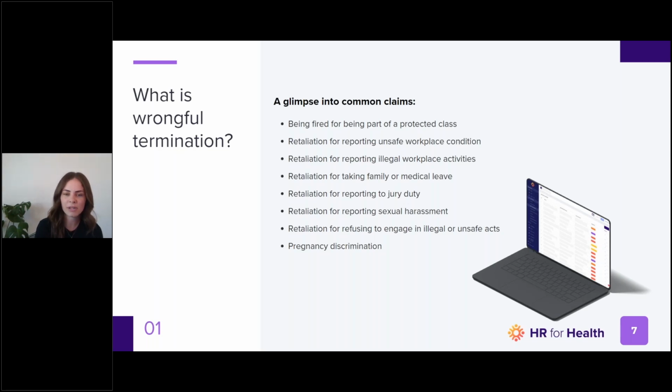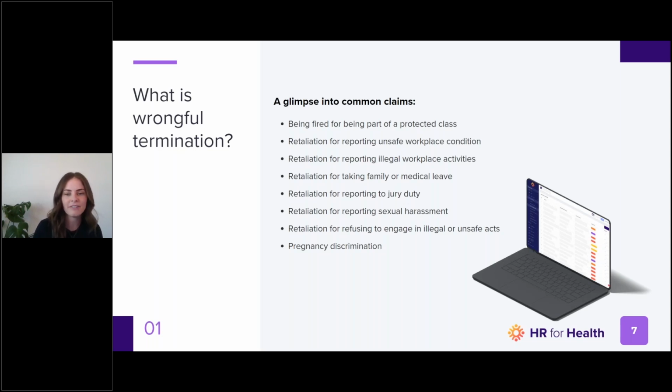If they feel like they were terminated for that reason, whether or not that's why you terminated them, they have the right to file that claim. So we'll go into how you can prevent that. Even if it wasn't the reason that you terminated them, you want to make sure that you can easily show that if, heaven forbid, this comes up in court.